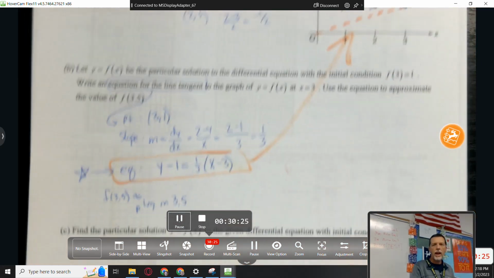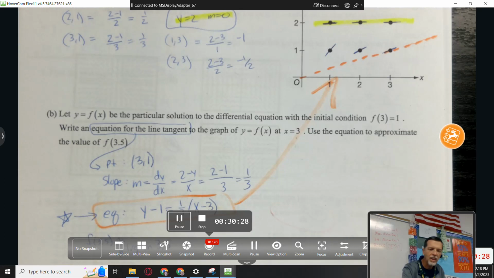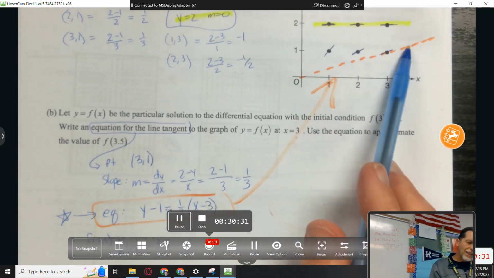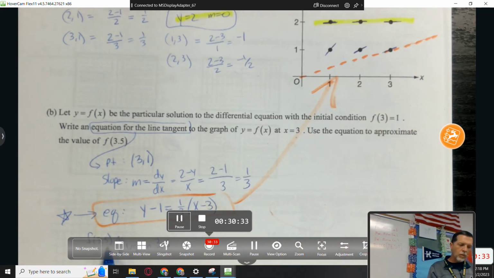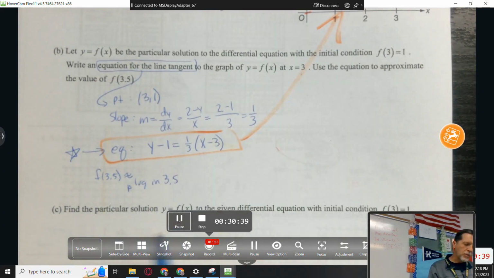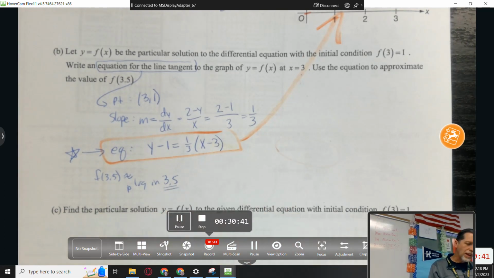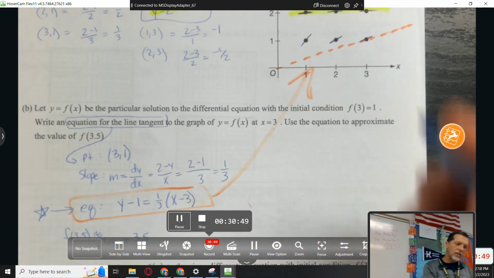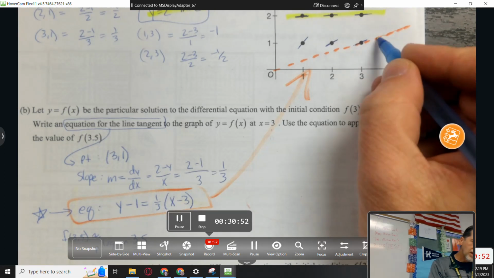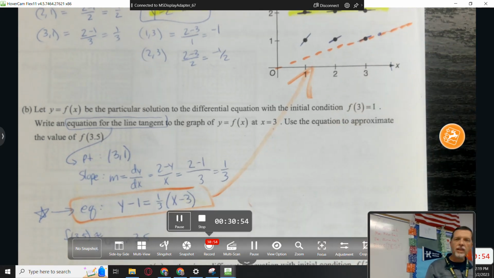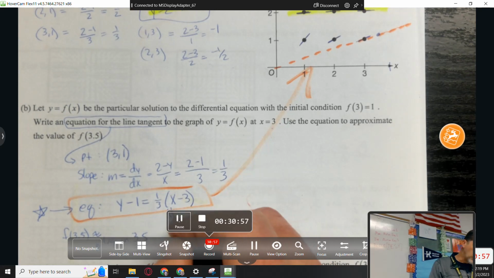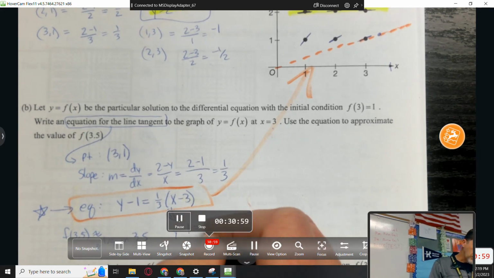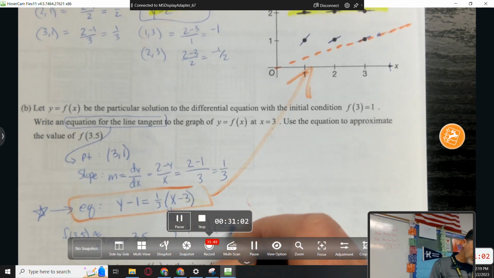I don't know what this graph looks like, but it says use that line to just basically guess what the function is. So what should I do with my 3.5? Where am I plugging it in? If I want to find where 3.5 is on this line, let's plug it into this using that equation. y minus 1 equals 1/3 times 3.5 minus 3.